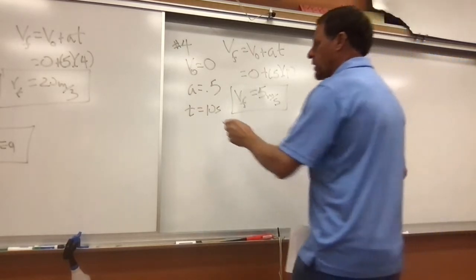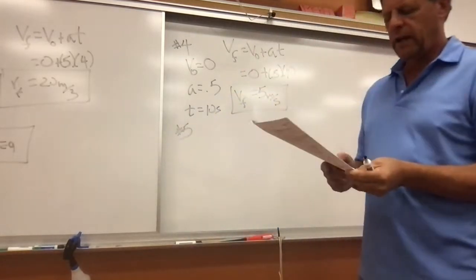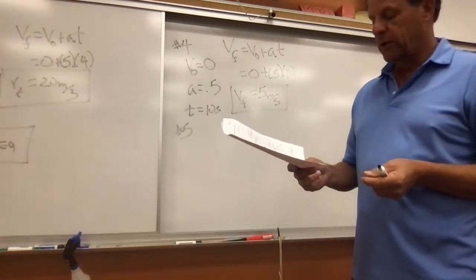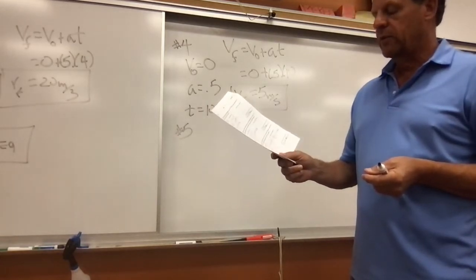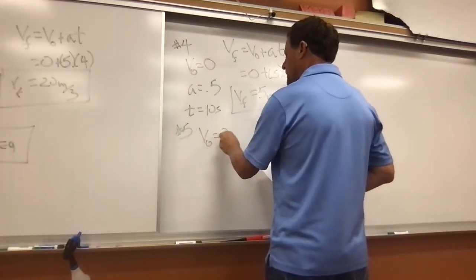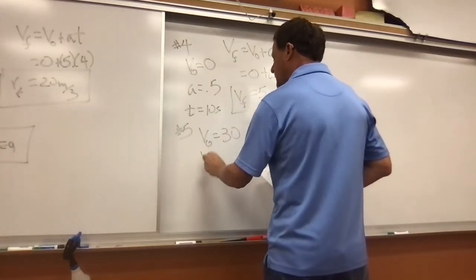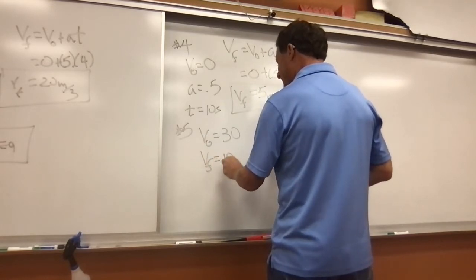Okay, question number 5. A roller coaster is moving at 30 meters per second at the bottom. 4 seconds later, it reaches the top of the hill at 10. So we're going to have an initial velocity of 30, and we're going to have a final velocity of 10.